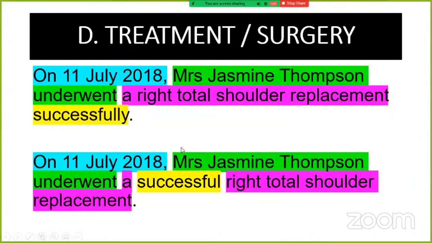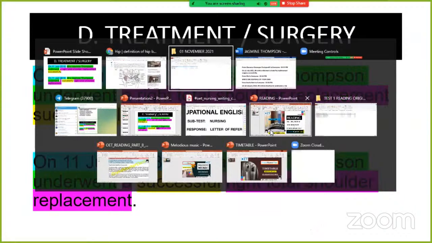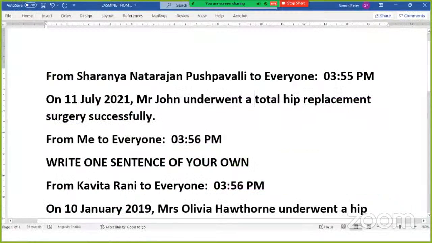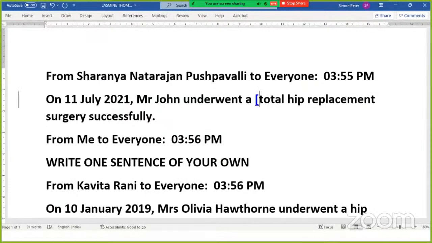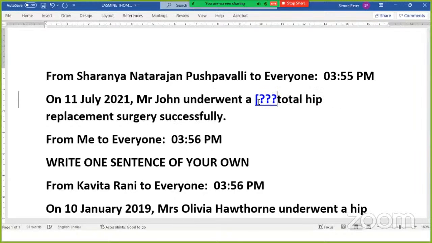You should tell me, according to your understanding, here is the question now. That is not my problem. That is your problem. I'm only giving you an idea whether you can write right or left. Is there confusion or not? So is it left total hip replacement or right total hip replacement or just total hip replacement?